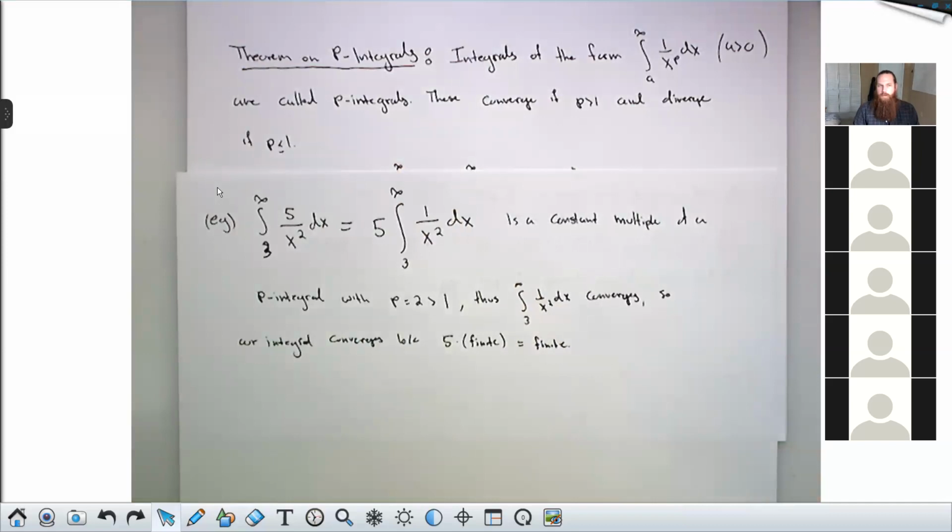But we really do need to be that careful. All the time, I see people mistakenly calling things which are not p integrals, p integrals. And while in this case it would not have hurt us, there are many cases where it will. So I need you to be this careful. Does that make sense?